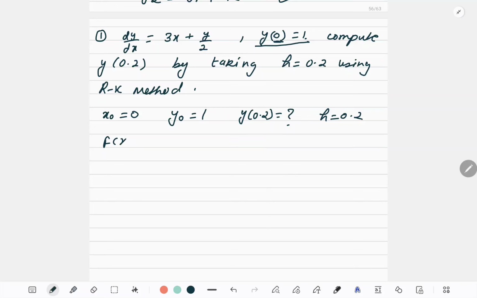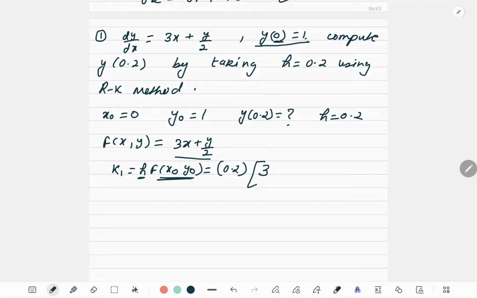And what is the function here? The function is 3x plus y by 2. Okay, so let us start with k1. We know that k1 is h f of x0, y0. Now what is h? h is 0.2. f of x0, y0 means whatever is the function, in place of x you put x0, in place of y you put y0.